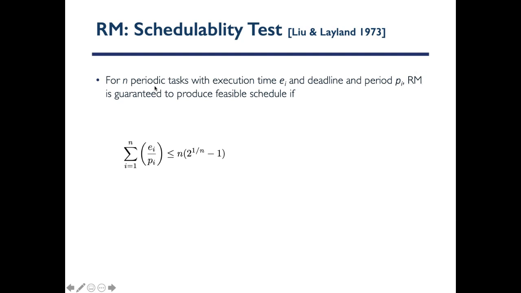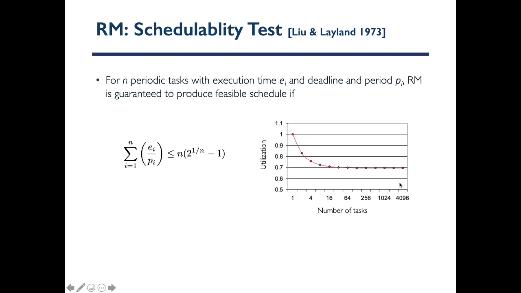Then rate monotonic is guaranteed to produce a feasible schedule if the total utilization, so Ei divided by Pi for each task is its utilization, if you remember. If I sum up the utilization of each task, and this sum is less than or equal to n times (2 to the power of 1/n, minus 1), then RM is guaranteed to produce a feasible schedule.